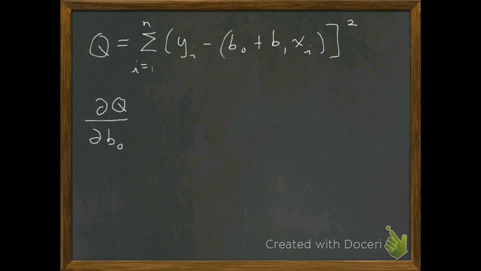All right, so our partial of Q with respect to b0 would be -2 times the sum from i equal 1 to n of y sub i minus b0 minus b1 x sub i.